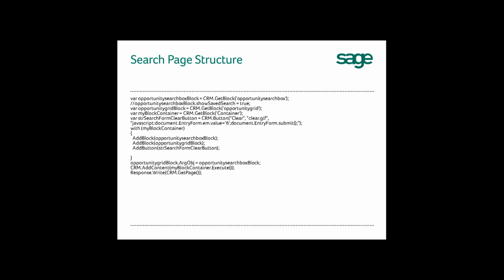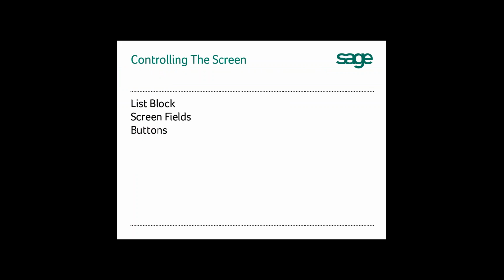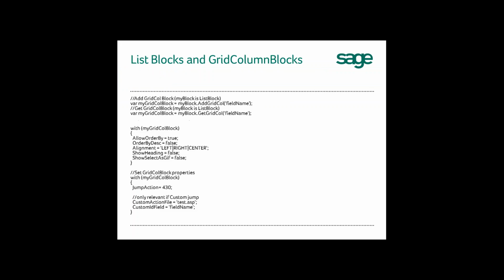Okay, so that's the search page structure that we've talked about. We've handled quite a lot of information there about the structures. We've certainly looked at buttons in detail. Let's think about some aspects of dipping into a screen or a list to control features.